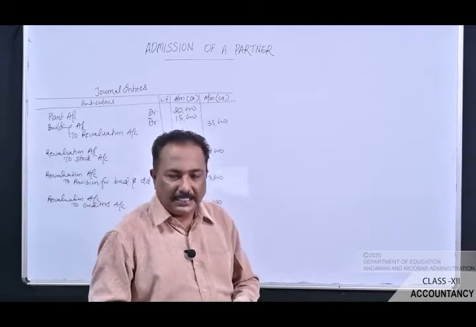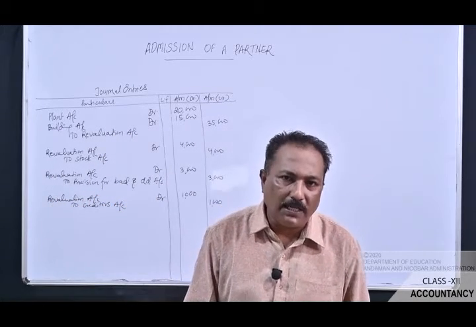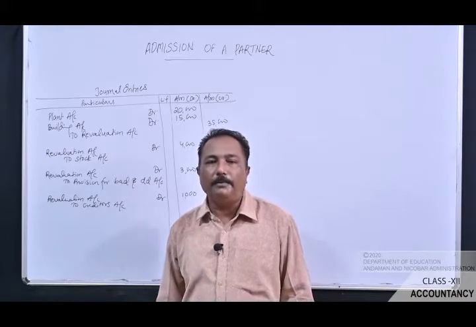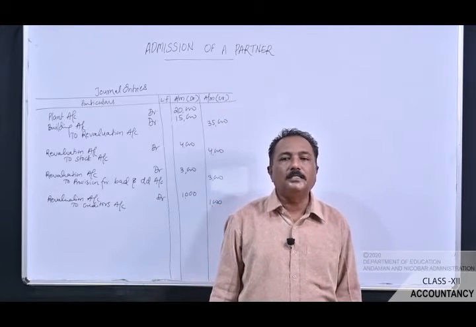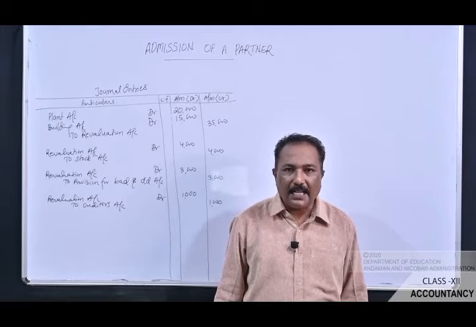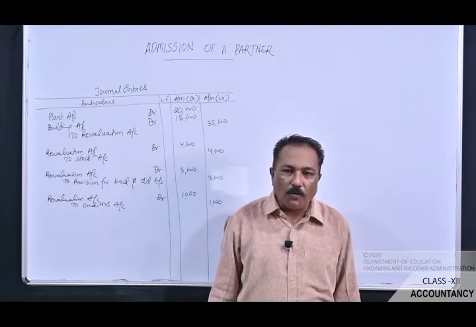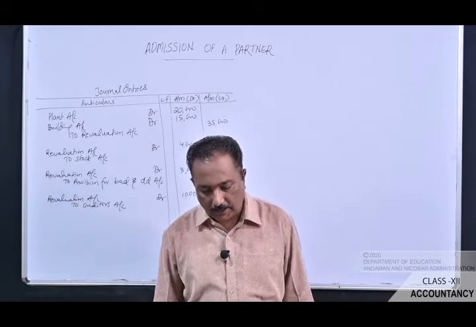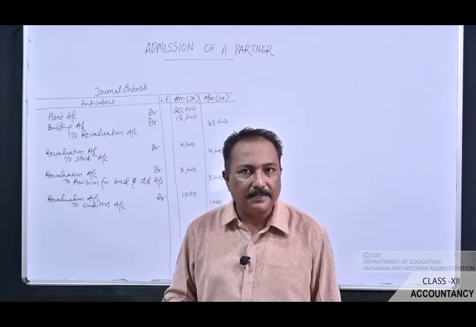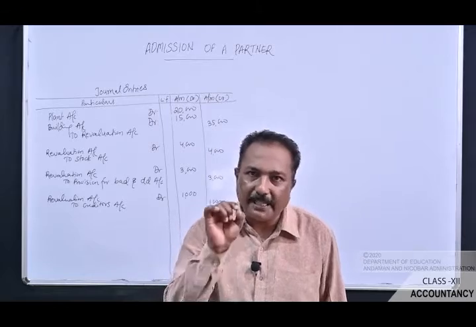Now let's pass on to point number 1. What is given in point number 1? C brings in rupees 1 lakh as his capital and rupees 60,000 as his share of goodwill for 1/4 share in the profit. Now here in this case C is bringing in cash in the business.